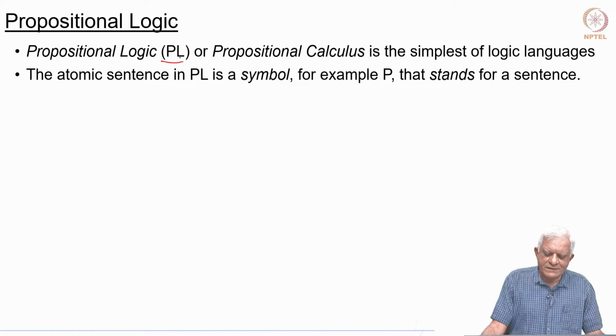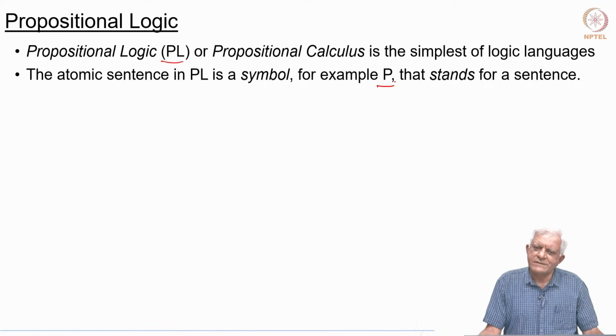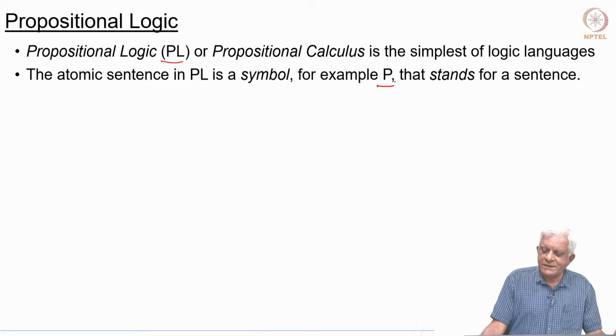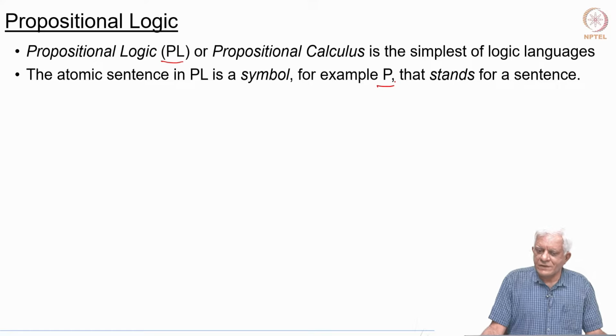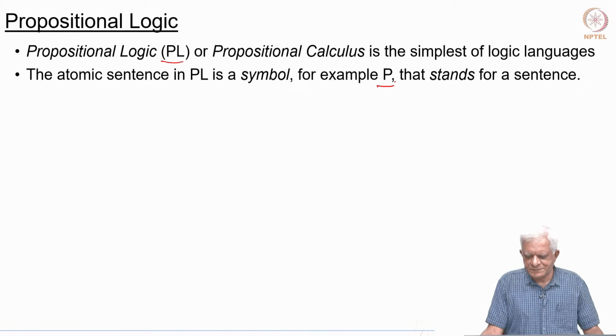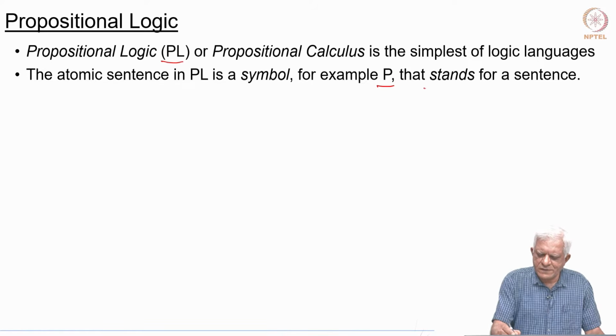An atomic sentence is a sentence in which there are no connectives, and the atomic sentence in propositional logic is a symbol, just anything, for example, the symbol P, and we say P is a sentence. What does it mean that P is a sentence? That in principle, if you were to give truth values, then P could be given a truth value of true or false essentially. And it stands for some sentence.